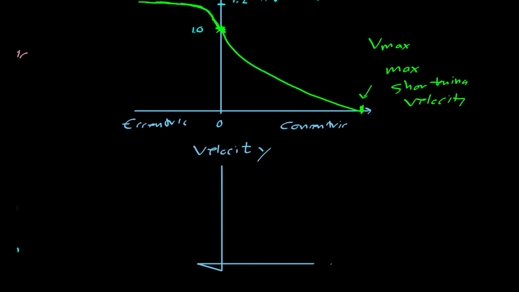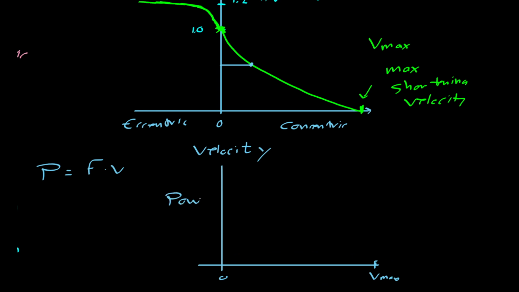If you remember, I made this equation-based argument that we can express power as force times velocity, which means that at some point on this curve, we could think about power as being the area of this rectangle. So now I'm making the y-axis, the x-axis is still velocity, contraction velocity, but now the y-axis is power, muscle power output. You could also think of this as rate of energy production.